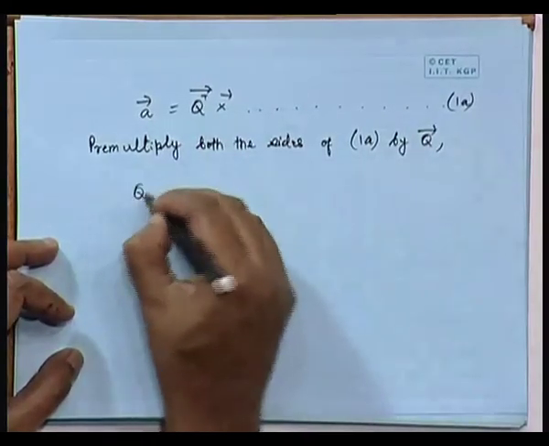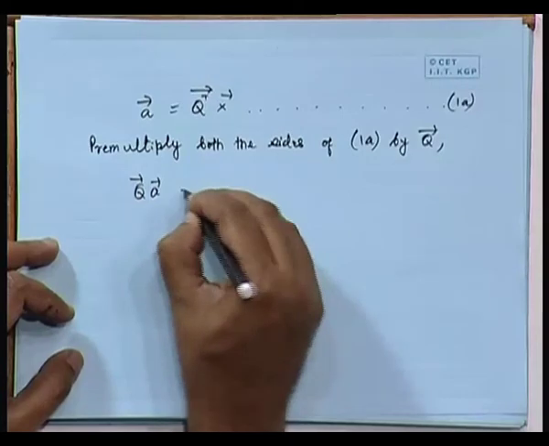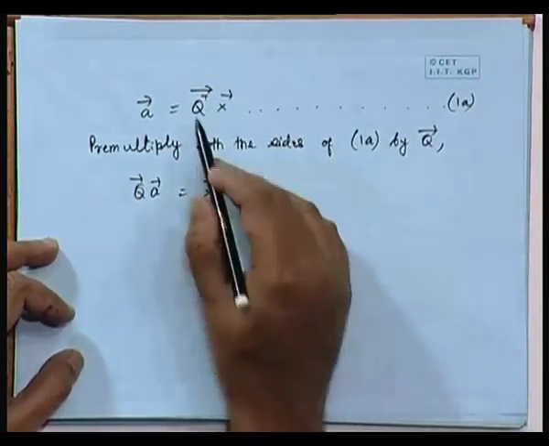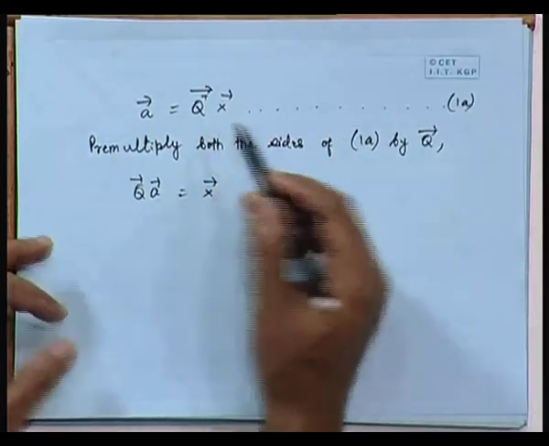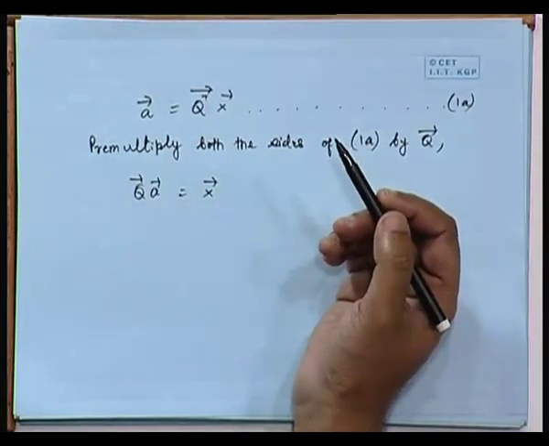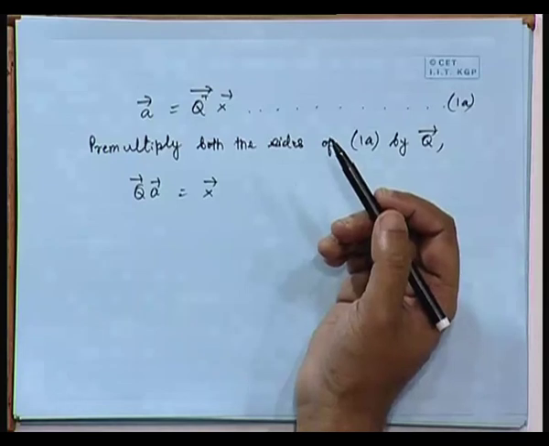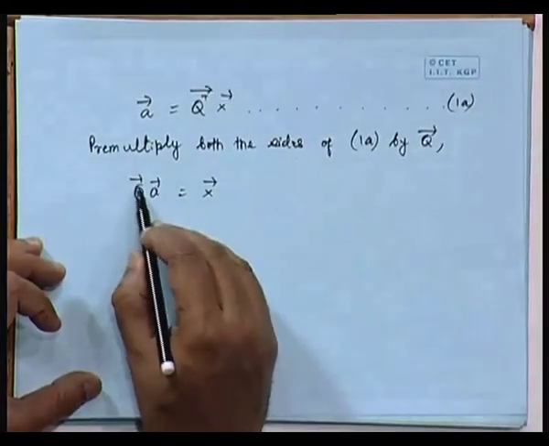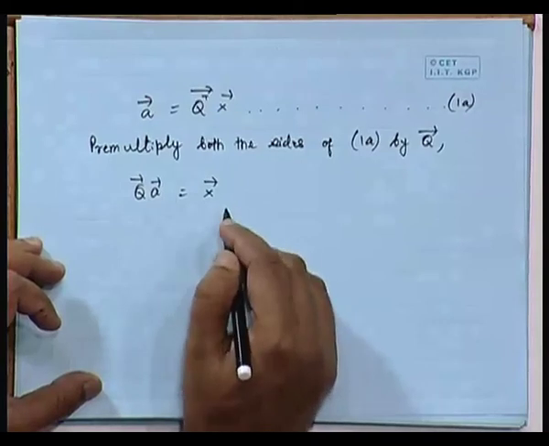You get QA, and on the right hand side you get x. Why? Because it is QQ transpose, and QQ transpose is equal to the identity matrix, because the Q matrix has already been proven to be an orthogonal matrix. So, QA is equal to x.